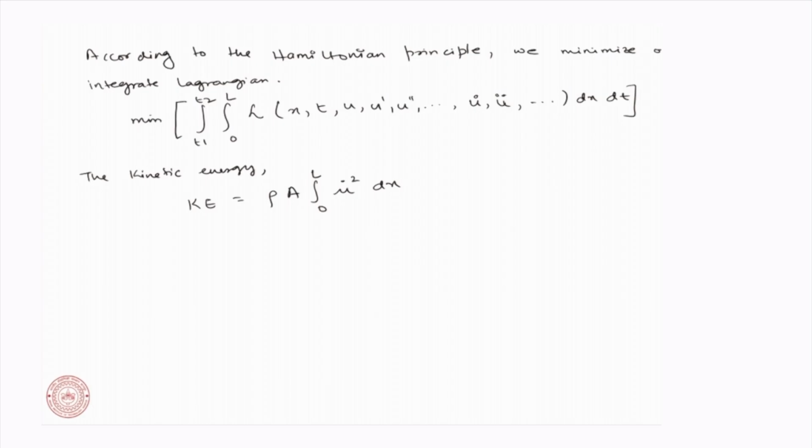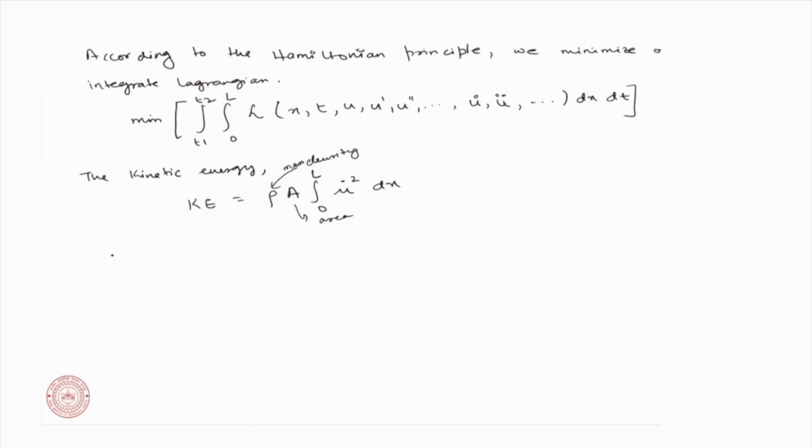Okay. So, where u is the displacement, u dot is velocity, square of u dot is square of velocity, and then rho A is some type of a mass, where rho is the mass density, and A is the area. Okay. So, this is our kinetic energy. Now, we can put these terms together.